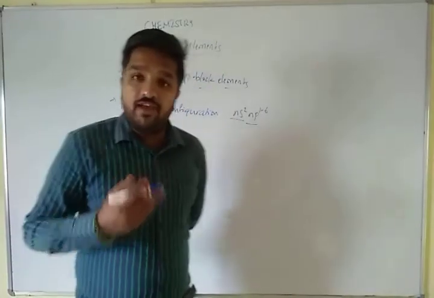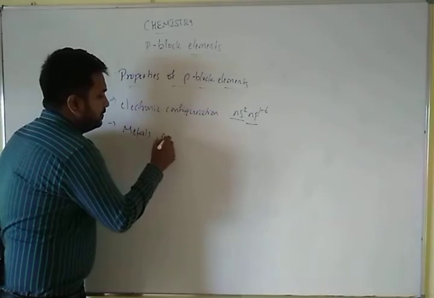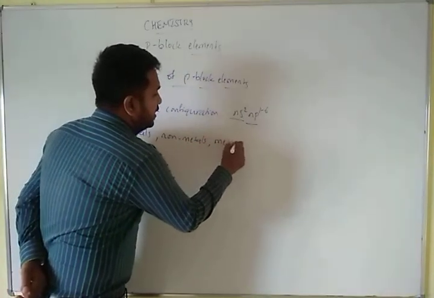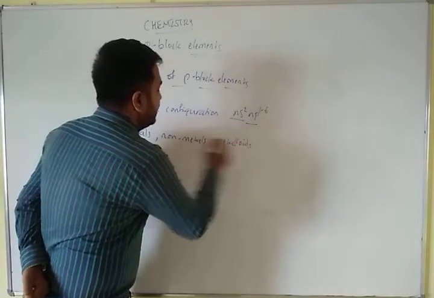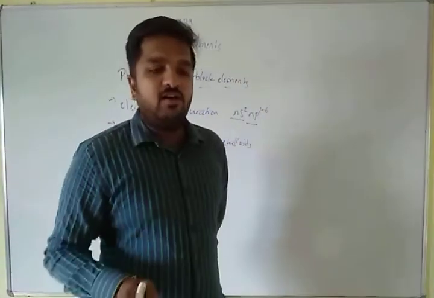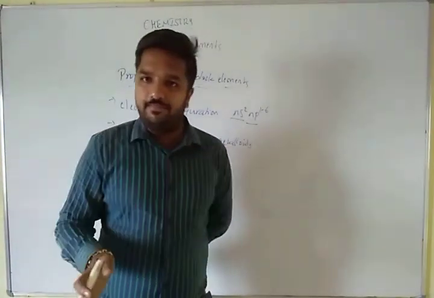In P block we have metals, non-metals, and also metalloids. Metals and non-metals you know about, but metalloids is a new term for you. Metalloids are intermediate between metals and non-metals. Clear?